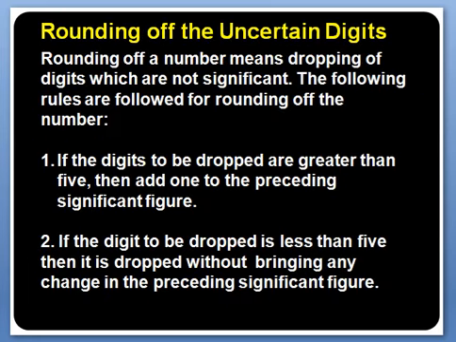Rounding off the uncertain digits. Let us see how we can round off the uncertain digits. Rounding off a number means dropping off digits which are not significant. The following rules are followed for rounding off numbers.